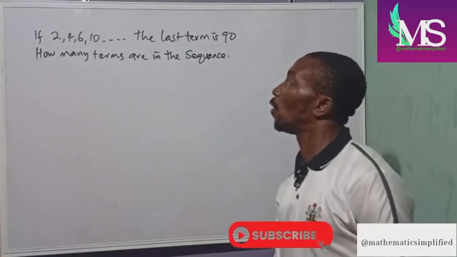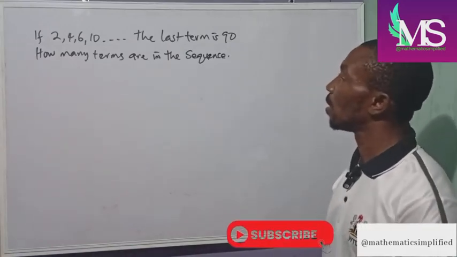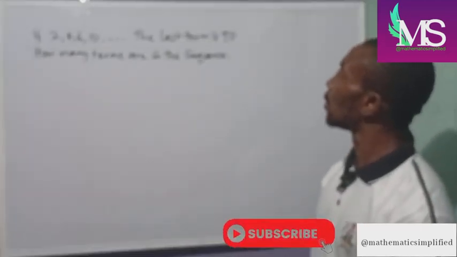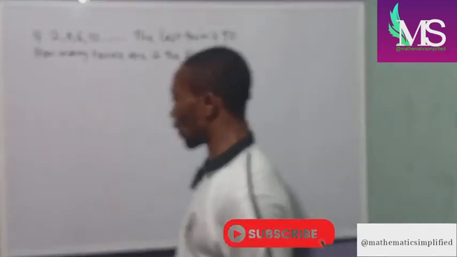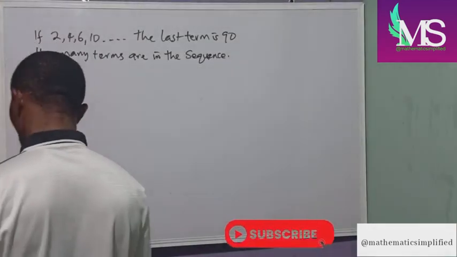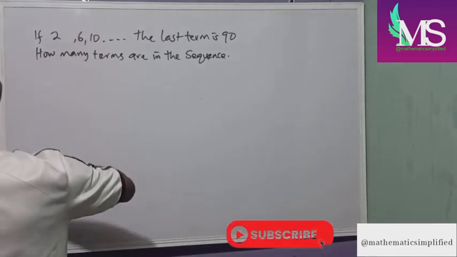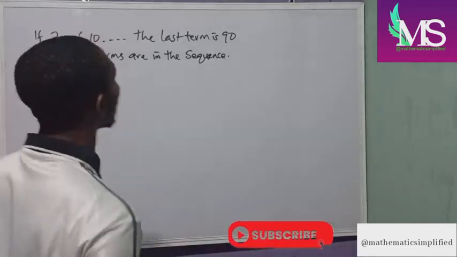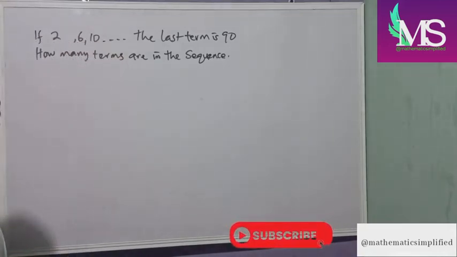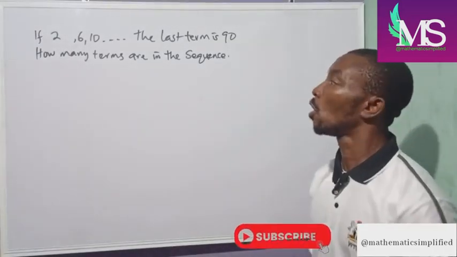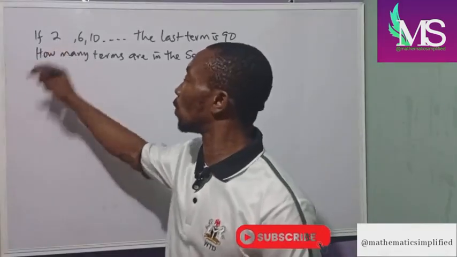If 2, 6, 10, the last term is 90, how many terms are in the sequence? Now, for us to find the number of terms in this sequence, we first of all have to find our common difference.